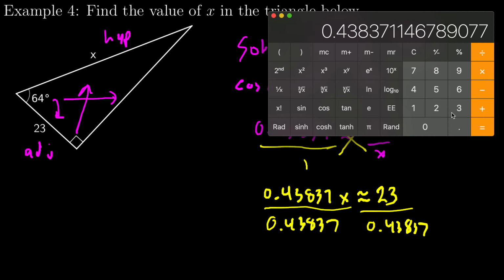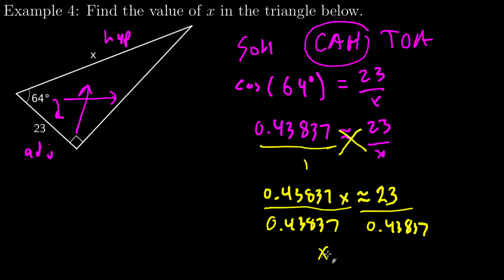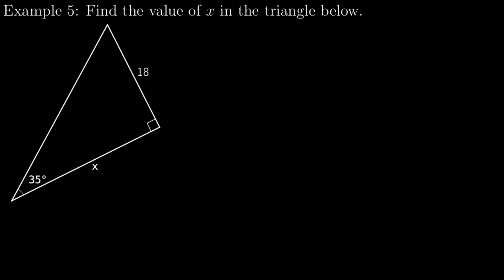So let's see, 23 divided by 0.43837, which gives me 52.467. Okay, 2 more practice problems.